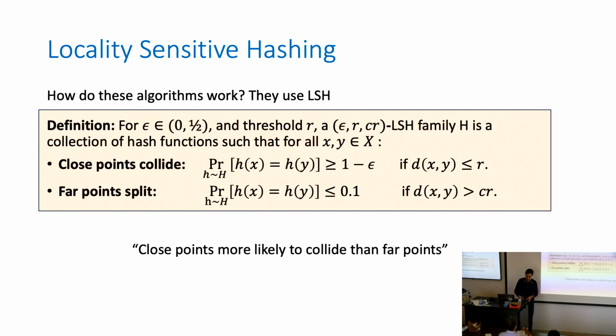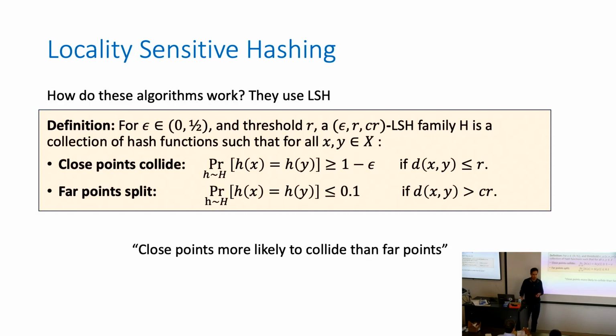So here's a formalization. If I give you an epsilon, and a threshold r, think about r as a distance in the metric space, then I'm going to define an (epsilon, r, c times r) LSH family, where c is the approximation. It is a hash function that has the following two properties. First, you want a close points colliding property.